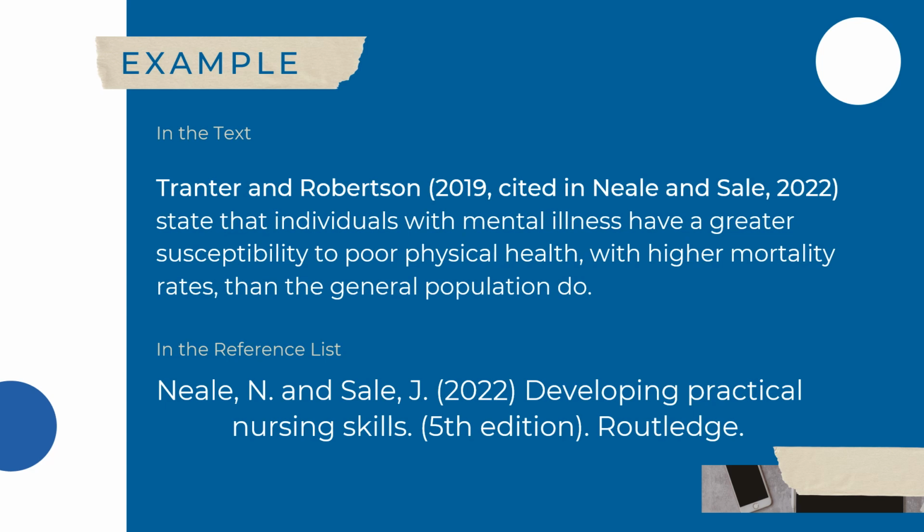Try to write your reference in a flowing style in your text. However, in the reference list itself, you only need to reference the book you have seen, the Neil and Sale title. Initially, secondary referencing can be a bit tricky, so if you've any queries at all, please contact us at the library and we can advise you.